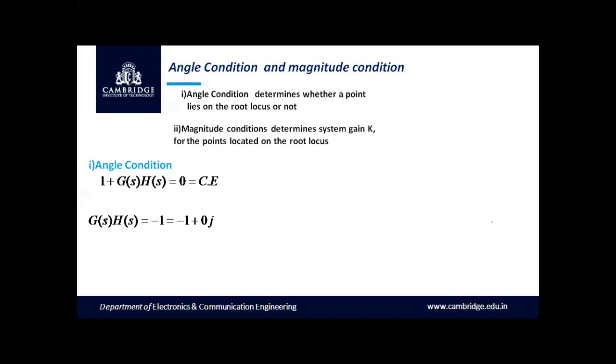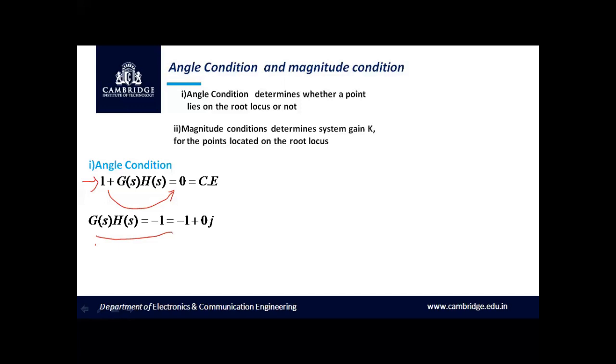For a general closed loop system, the characteristic equation is given by 1 plus G(s) into H(s) equal to 0. That is, I can take 1 to the right side and write G(s) into H(s) equal to -1.